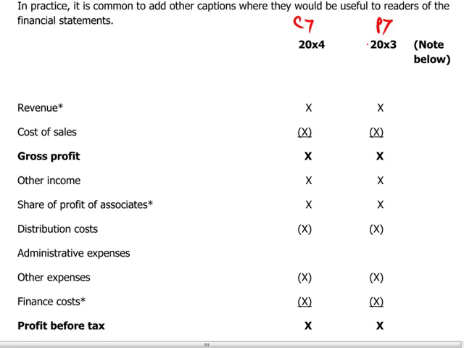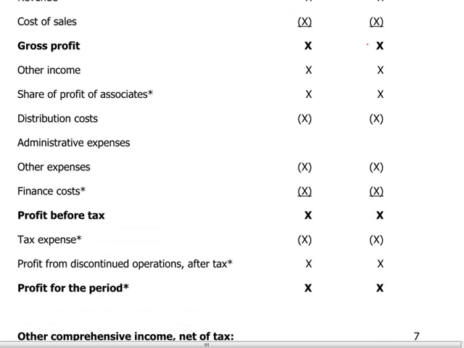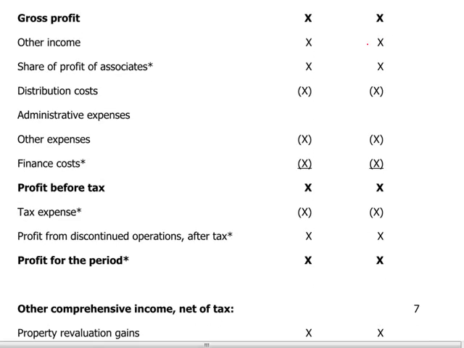That's mandatory. We have to show a profit before tax, and a separate line for tax expense. And if you plan to discontinue an operation, we will have a line called profit or loss from discontinued operation after tax. That is also covered by IFRS 5, which deals with non-current assets held for sale and discontinued operations.